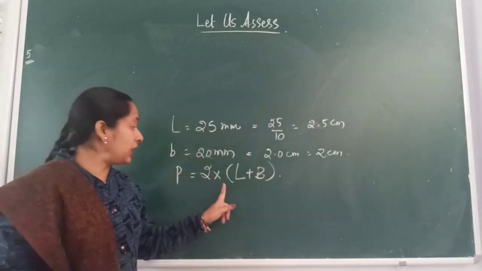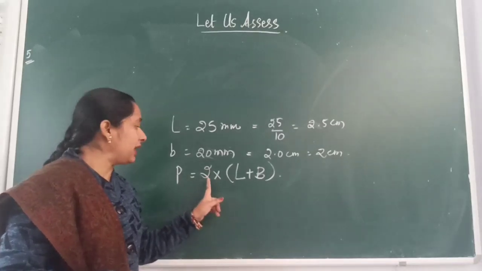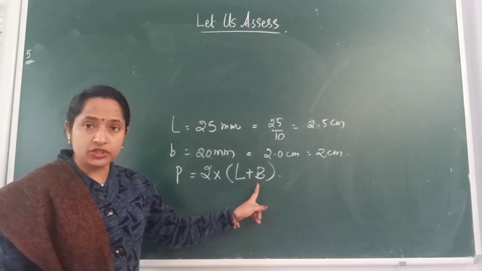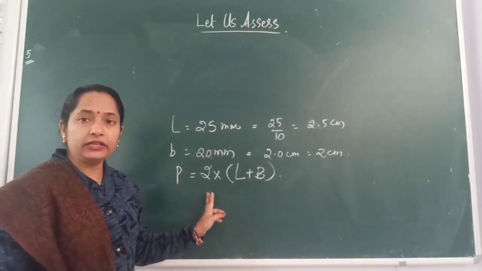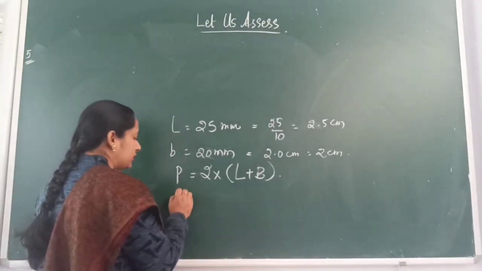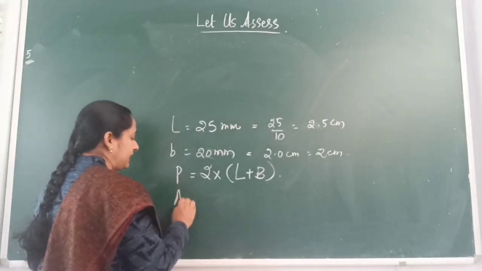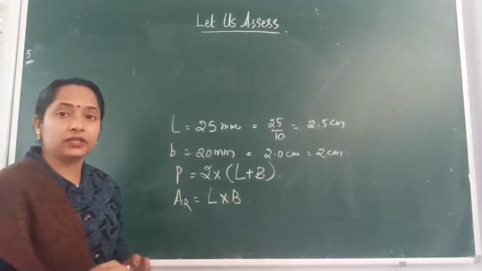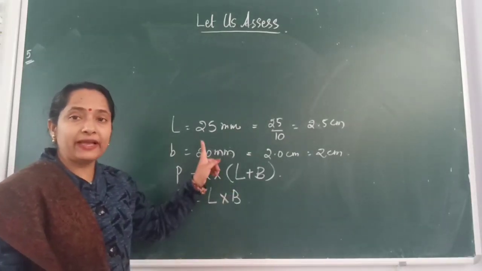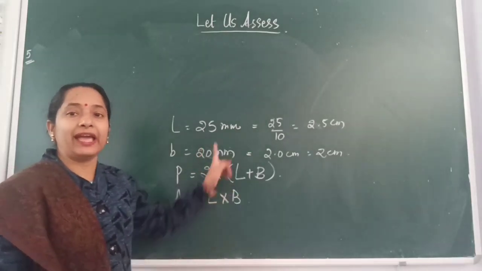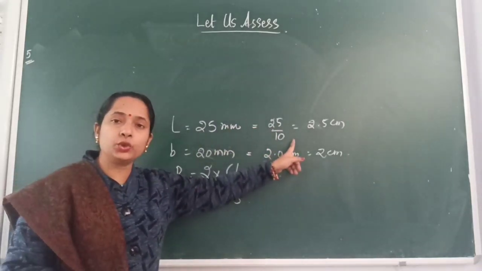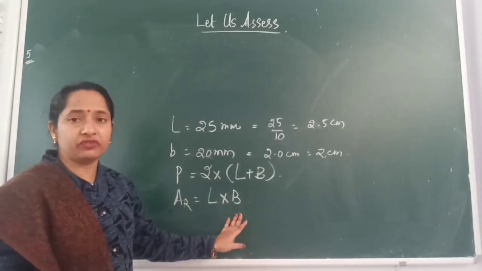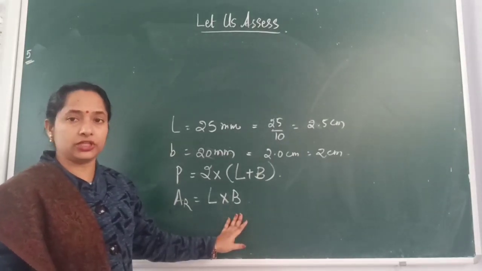So apply this formula and put the values of the given dimensions and try to find the perimeter, as well as the area. What is the formula for area of the rectangle? Length multiplied by breadth. Understood? So step by step carefully you find, as you have already converted the units into centimeters, there is no requirement of conversion of the units afterwards.